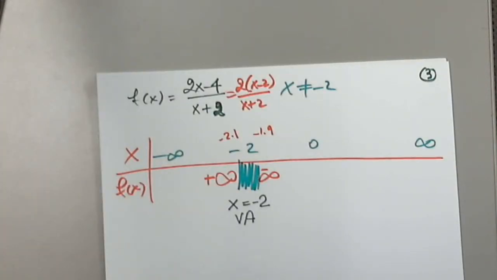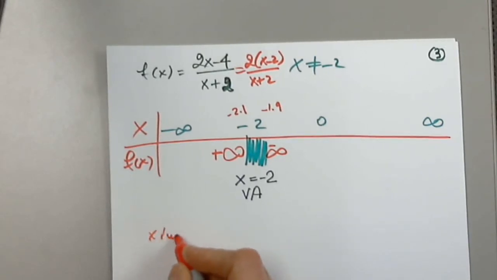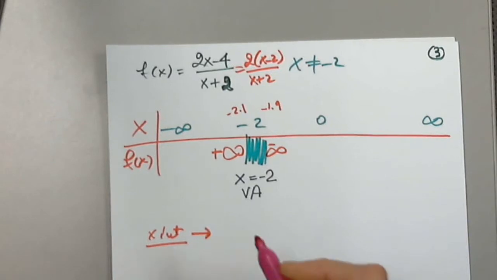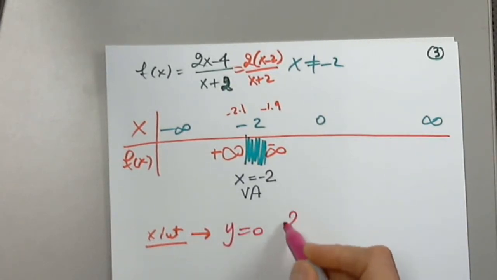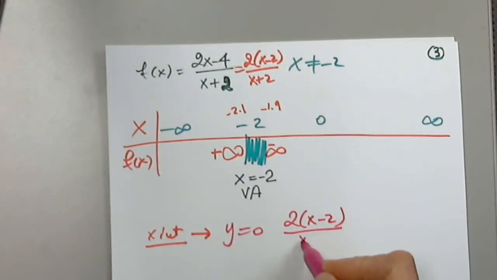Okay. Now the x-intercept. How do I find the x-intercept for any function? What calculations do I perform? No, that's not the x-intercept. y equals 0. Very good. So 2x minus 2 over x plus 2 equals 0.